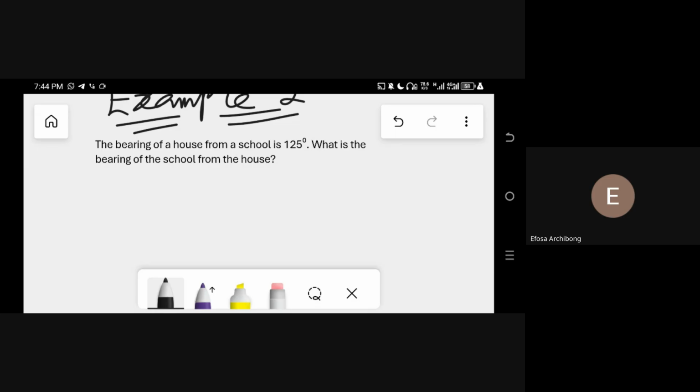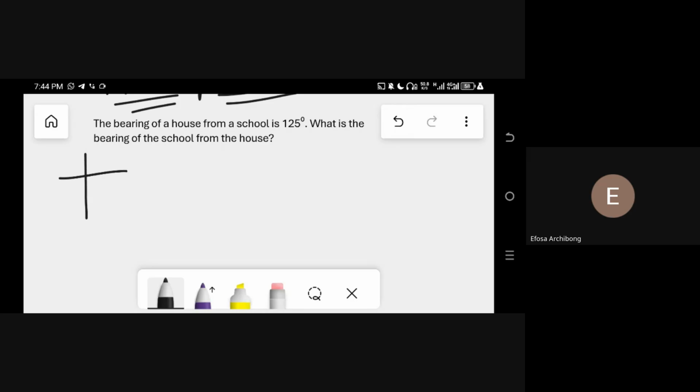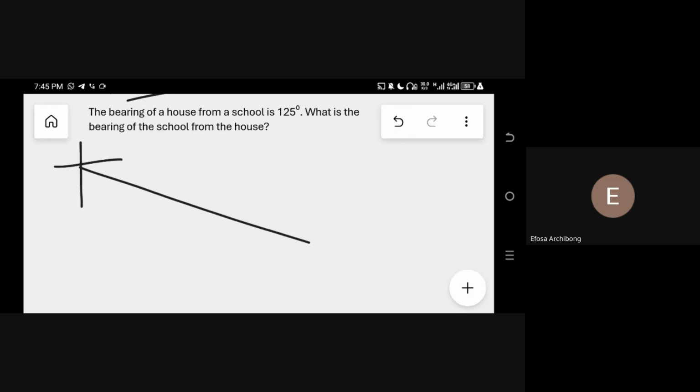So 125 degrees is located in the second quadrant. It therefore means that we have to draw that point from the second quadrant. And if we draw the point from the second quadrant, we will start from here, because the point has to come down from the top left.